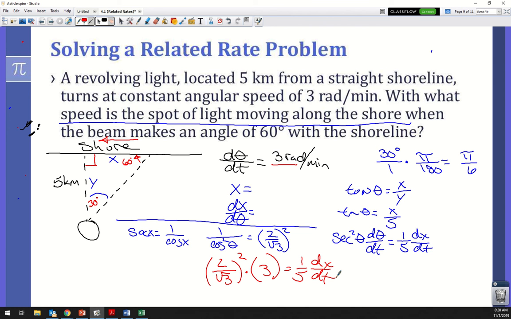And then multiply both sides by 5. Okay, so my dx dt is equal to 20, and my rate is going to be in kilometers. So it's km per minute.